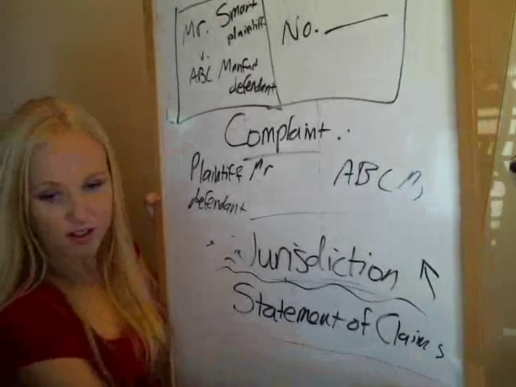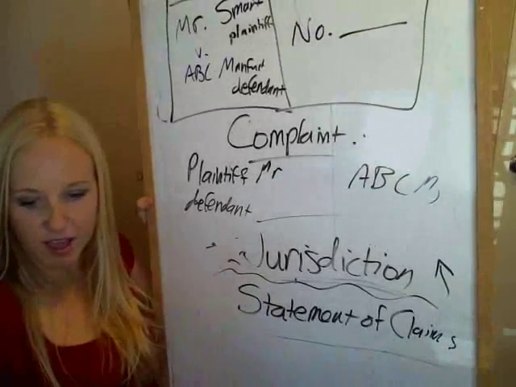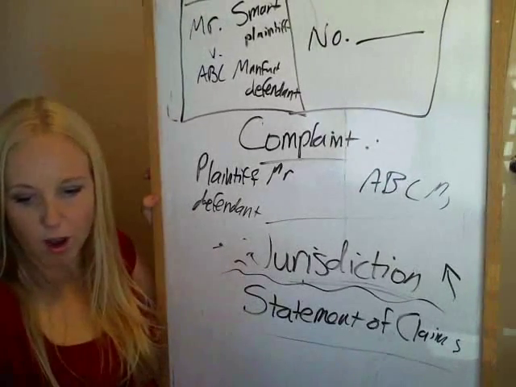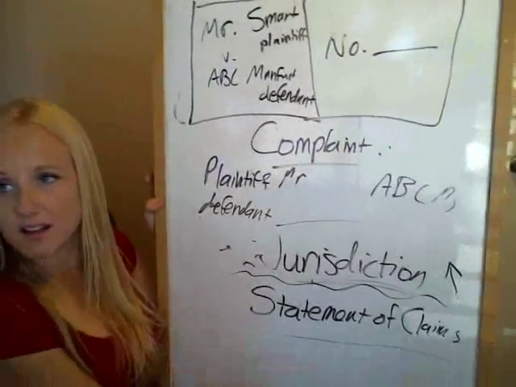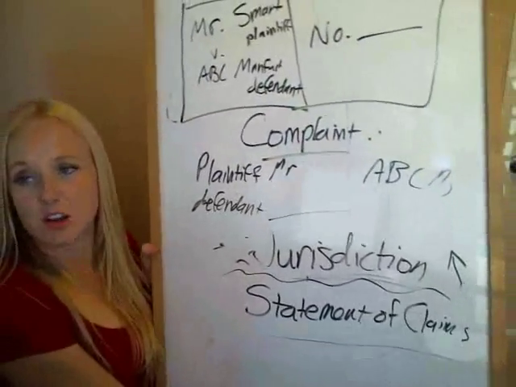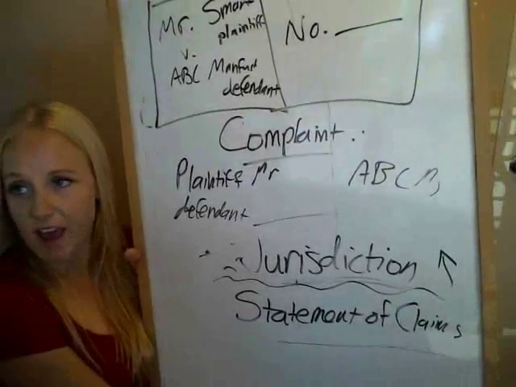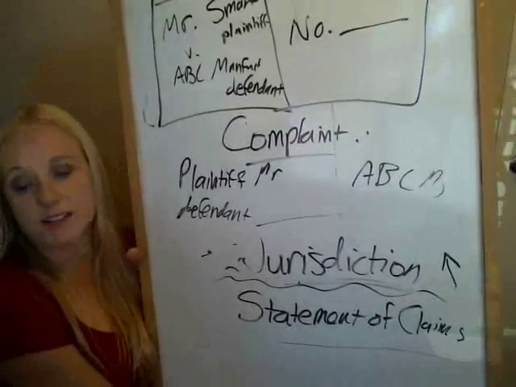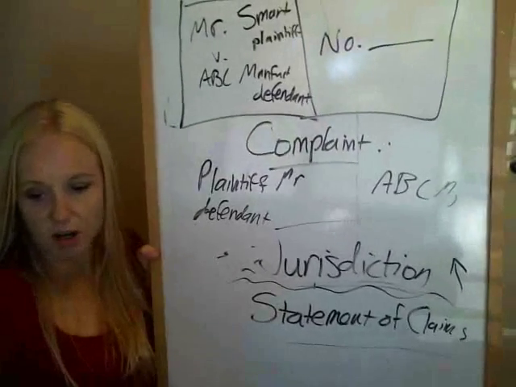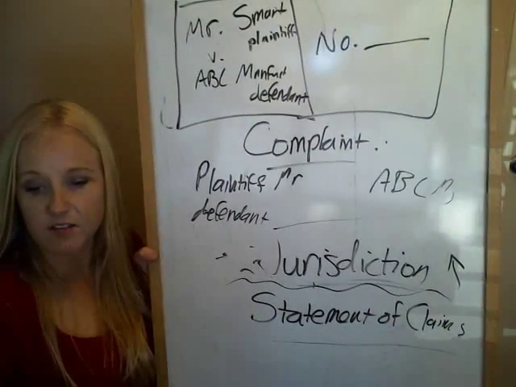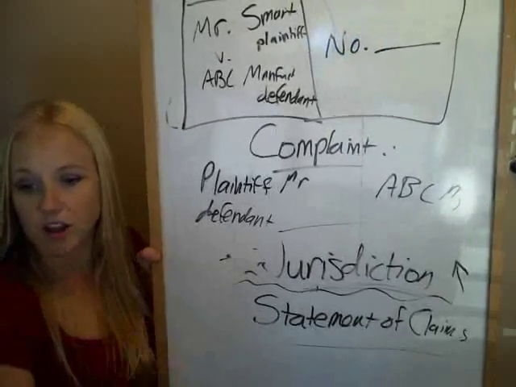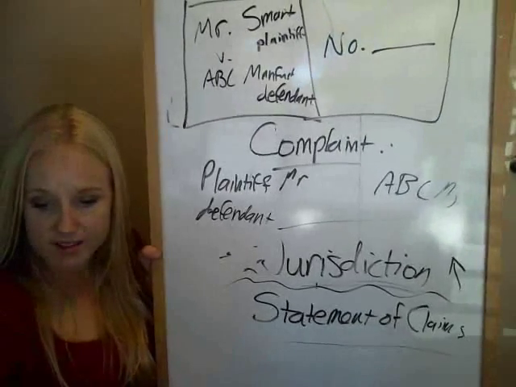Your statement of claims is going to state what happened. On such and such date, Miss Robinson, manager at ABC Manufacturing, said this remark. On such and such date, she said this remark. You're just going to spell out the facts, your statement of what your claims are and what has happened.